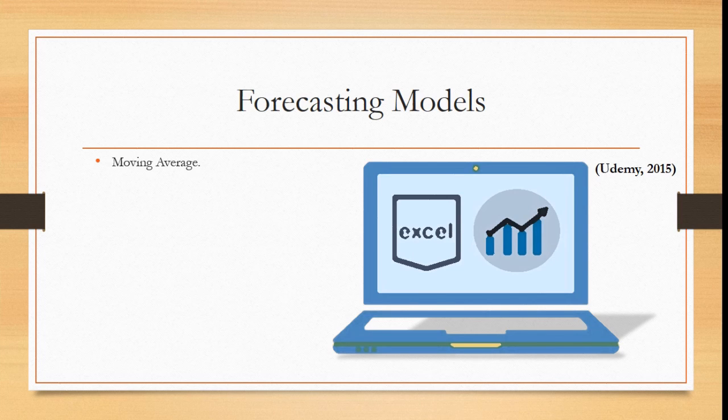Firstly, there is moving average, which is a time series technique. This is done by calculating the average of the most recent number of periods and using this average for forecasting the next period. An expansion of this is weighted moving average. This method allows you to weight the data.